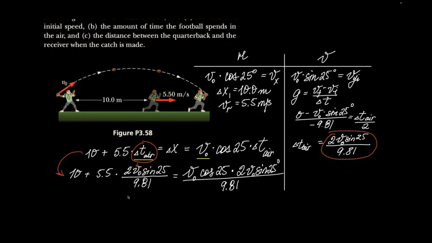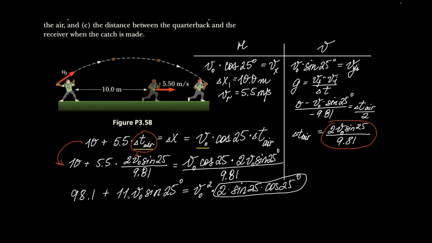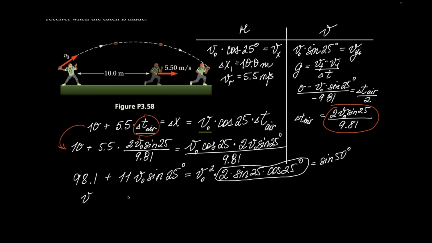To get rid of my 9.81, I'm going to multiply everything by 9.81. And from your pre-calculus time, you should remember that this equals sine of 50. If you don't remember, you're welcome. I just told you. I'm going to say v0 squared times sine of 50 minus 11 times sine of 25 times v0 minus 9.81 equals 0.